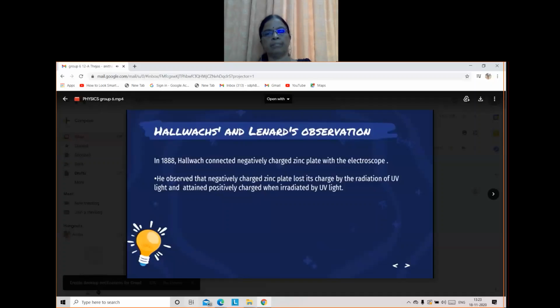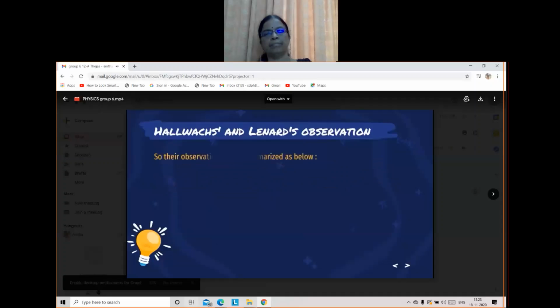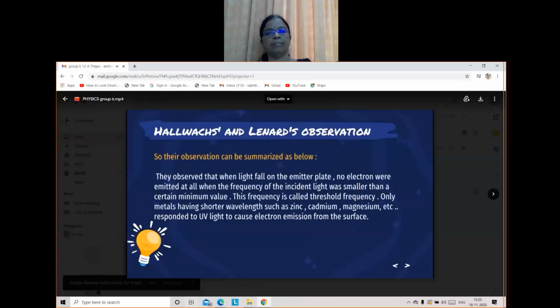From this observation, he concluded that negatively charged particles were emitted from the zinc plate under the action of UV light. They also observed that no electrons were emitted at all if the frequency of the incident light was smaller than a certain minimum value called the threshold frequency.